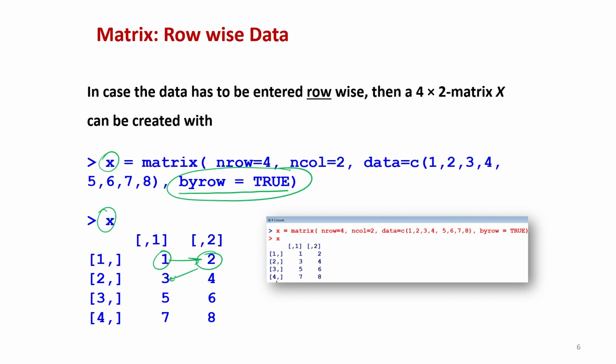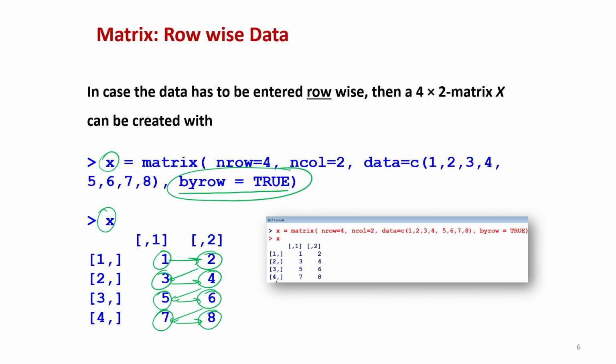Then it comes to the second row, value 3. Then the value 4, the next value, goes to the second column. Then it comes to the third row, and the value entered here is 5. Then it comes to the second column, the value entered is 6. Then it comes to the fourth row, and both the columns are entered with 7 and 8 respectively.